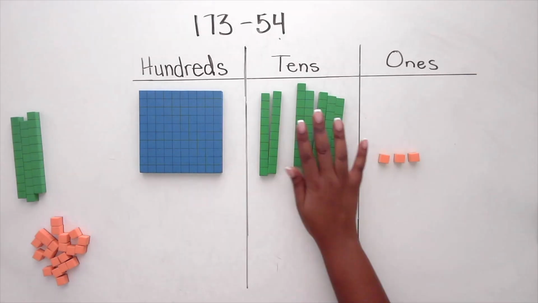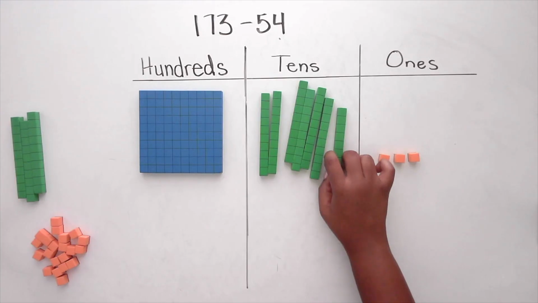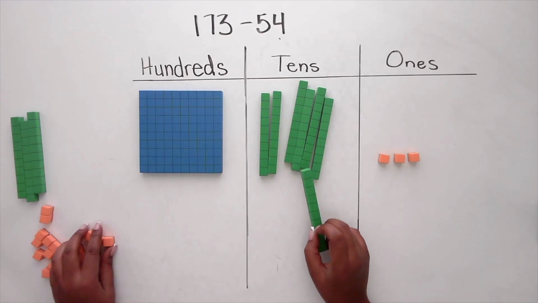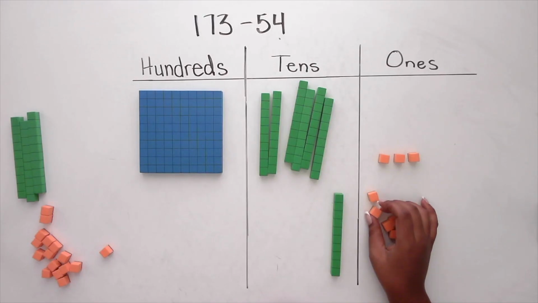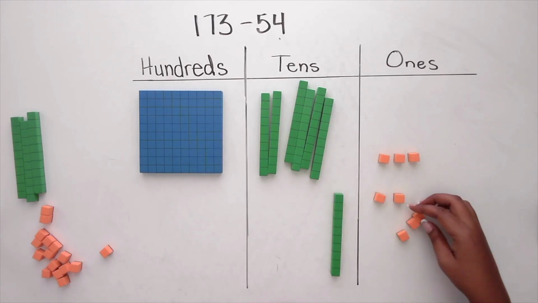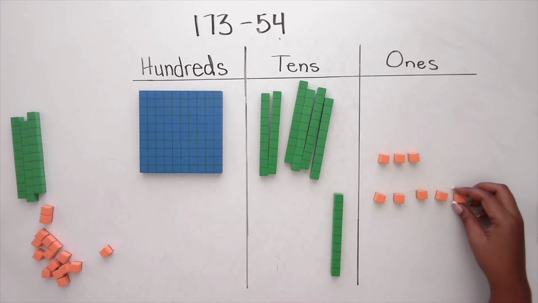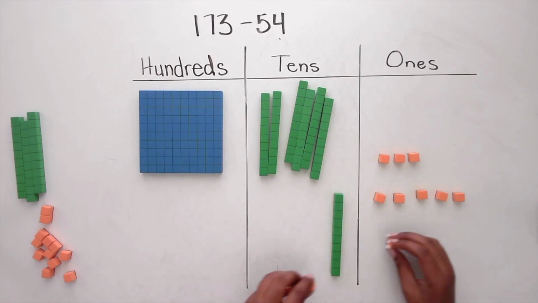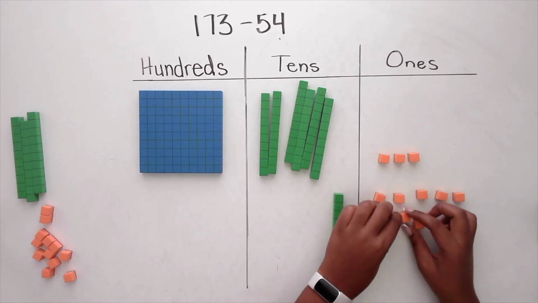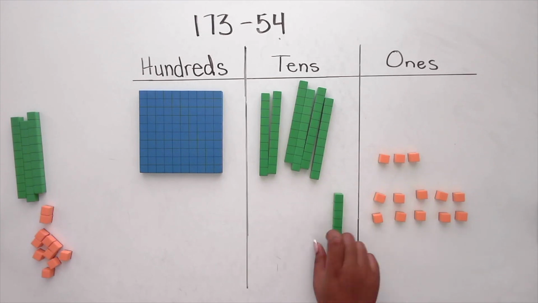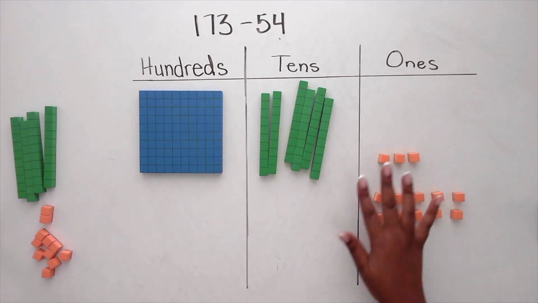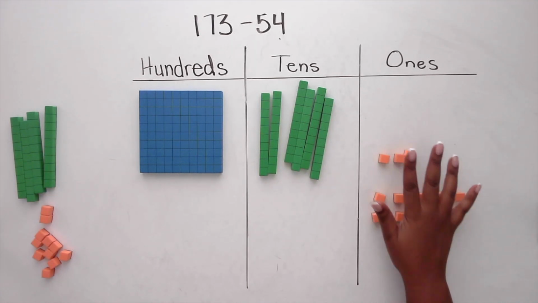So I'll regroup 1 rod into 10 units. Now I have 13 units.